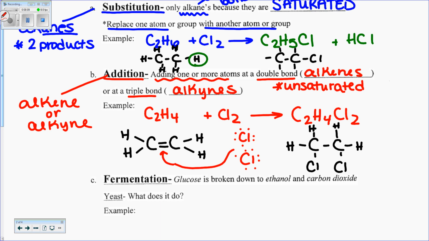I want them to be unsaturated. And you're always going to get, in this case, one product. This is very, very similar to a synthesis reaction. Think of it like an organic synthesis reaction. That's your addition.